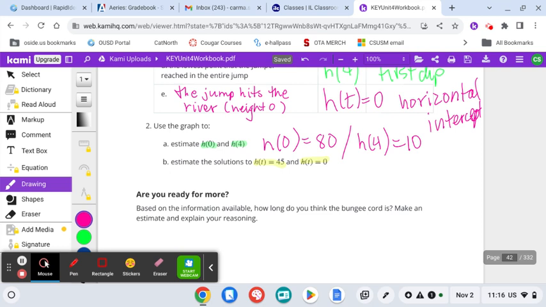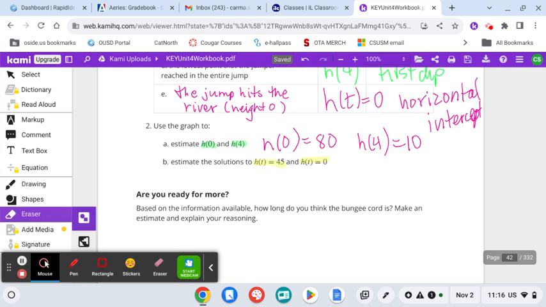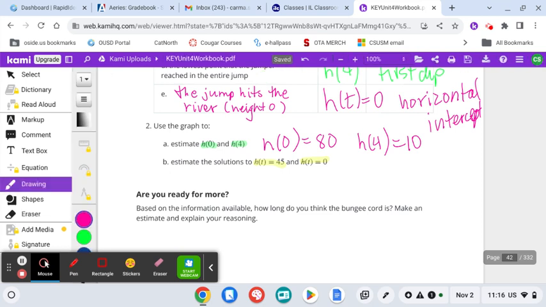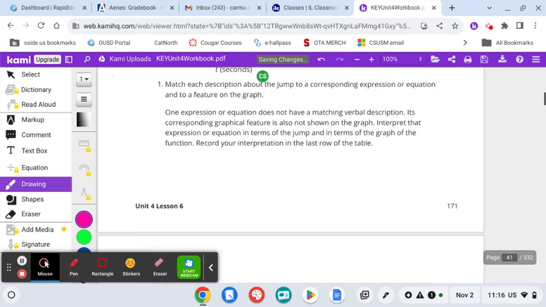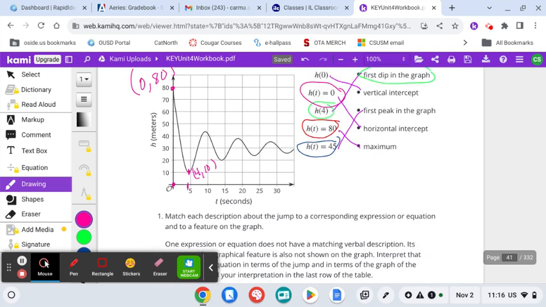And I think writing the coordinate pair is especially important when we get to these output ones. It means I want to know what x is when y is 45, and I want to know what x is when y is 0. So if I go to a y of 45, it looks like there might be 2 of these, but I'm going to say this is the one they were talking about earlier.